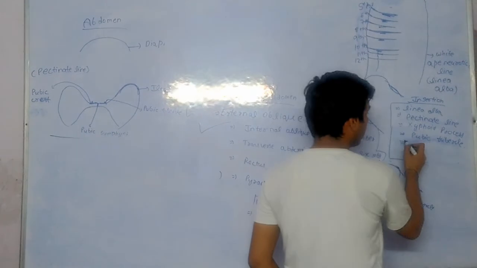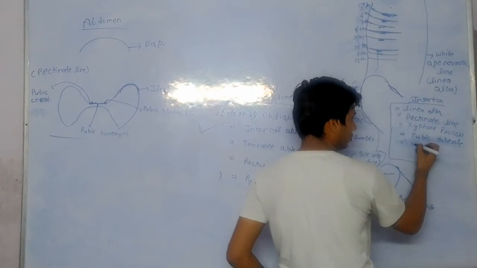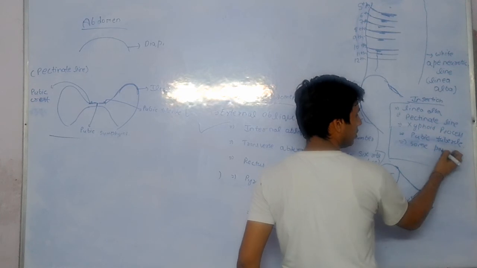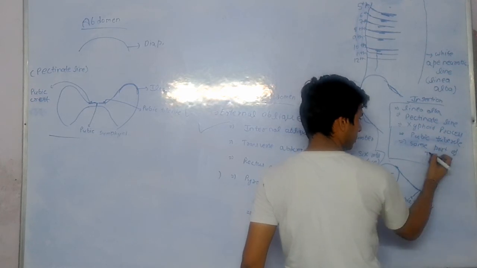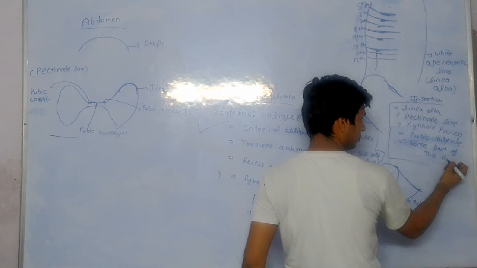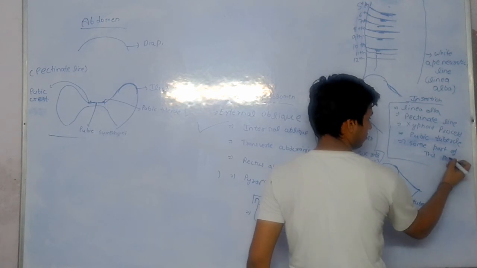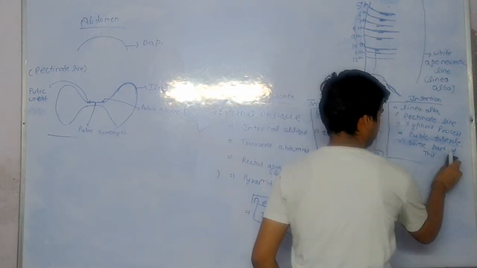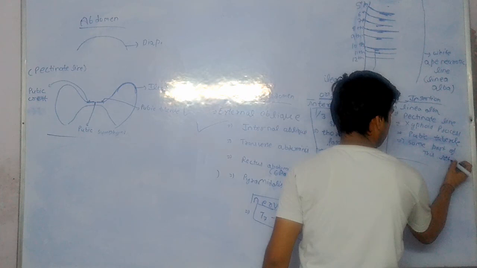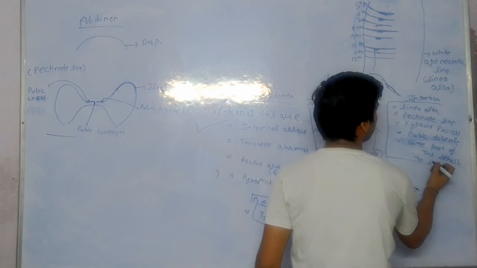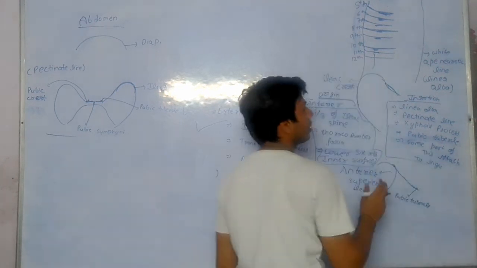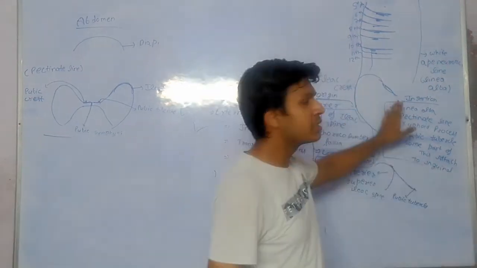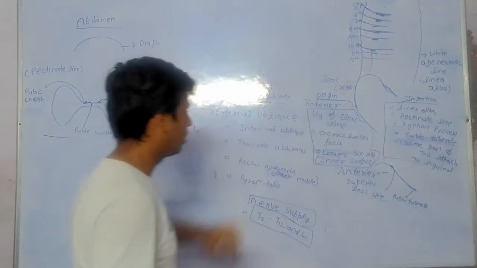And some part of this is attached to the inguinal ligament. These are the same insertions of internal oblique and transverse abdominis.